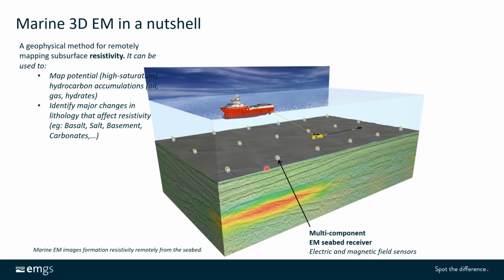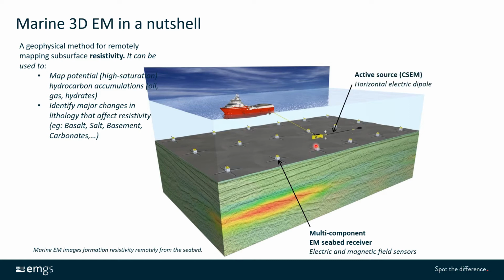What is azimuth data? If you are towing on this line and the receiver sitting on another line is also recording the data, it is filling the gap between the lines. Because we don't have a receiver in between, the azimuth data gives the information between the lines.